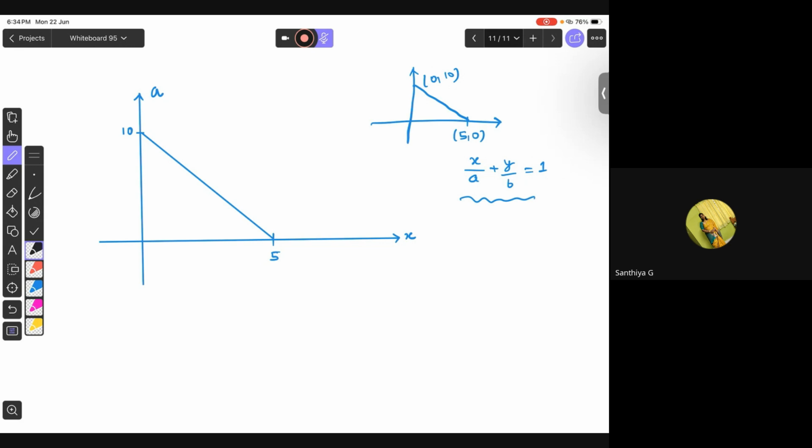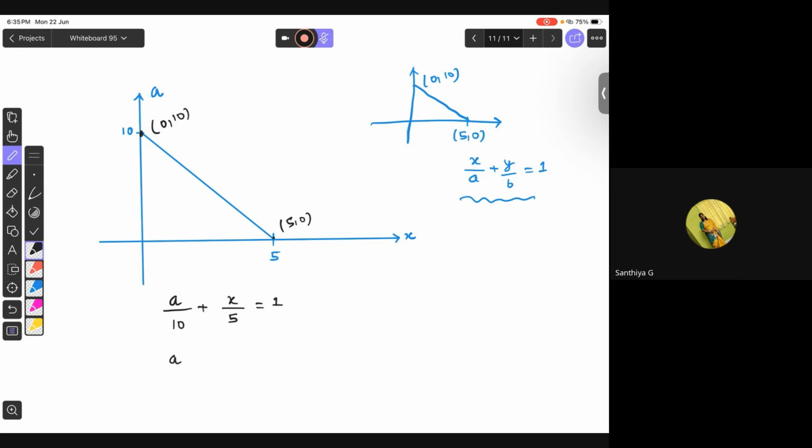So here instead of y, I have a. The y-intercept is 10, so a by 10. The x-intercept is 5, so x by 5. So a by 10 plus x by 5 equals 1.